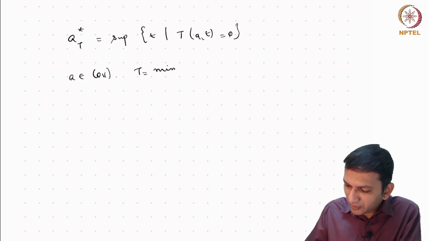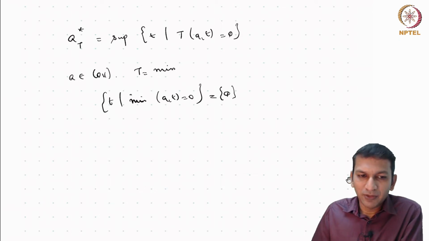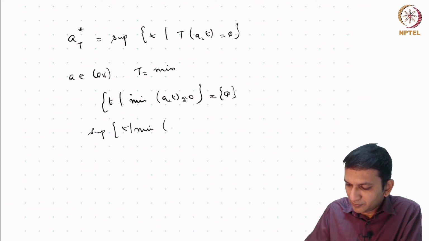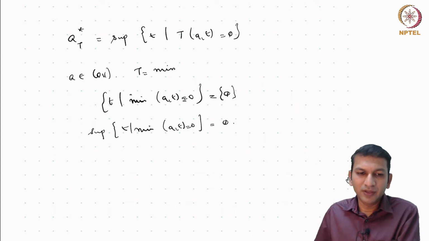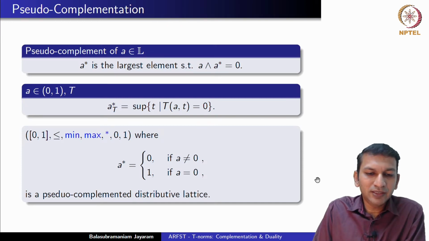Now if you wonder what this set, minimum of A comma t equal to 0, is, this set consists only of 0, because if you want the minimum of A comma something to be 0, and A is not 0, since it is coming from the open interval (0, 1), then t has to be 0. So now if you apply the supremum on this set, the supremum is also 0. Now this is a set {0}, and this is just the element 0. So you see that this is exactly what we have got in this definition.